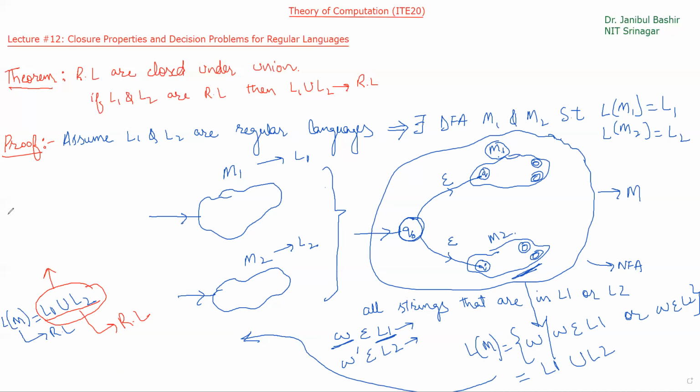So from this, we can conclude that regular languages are closed under union, or we can say that union is a closure property. Okay. So this completes the proof of this theorem that regular languages are closed under union.